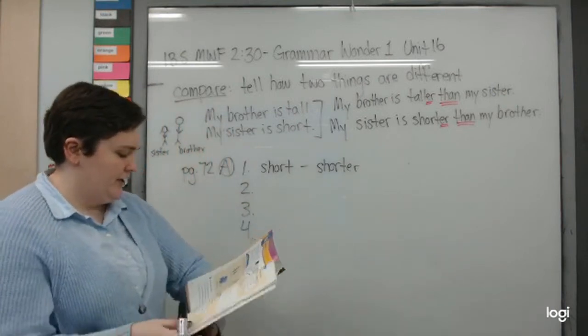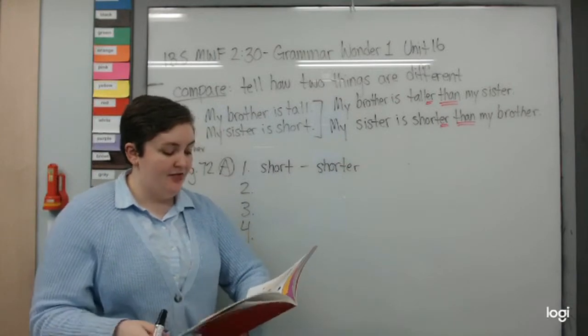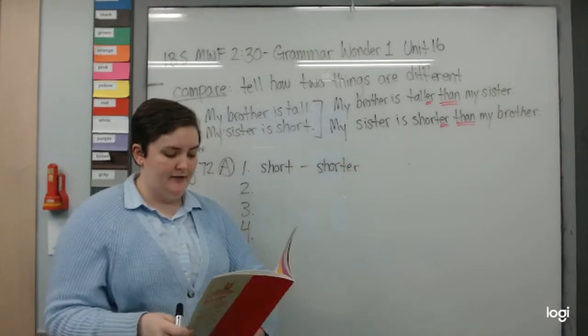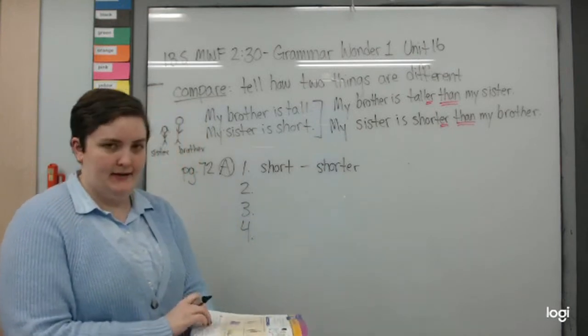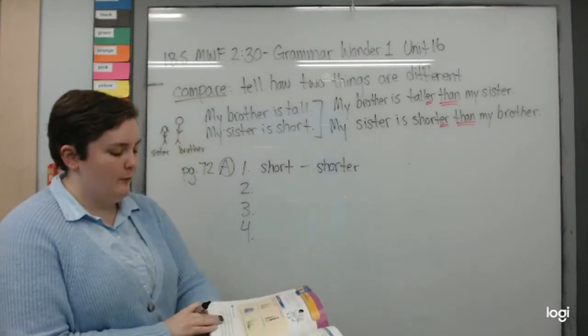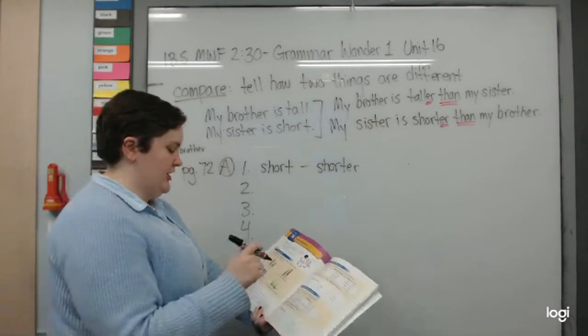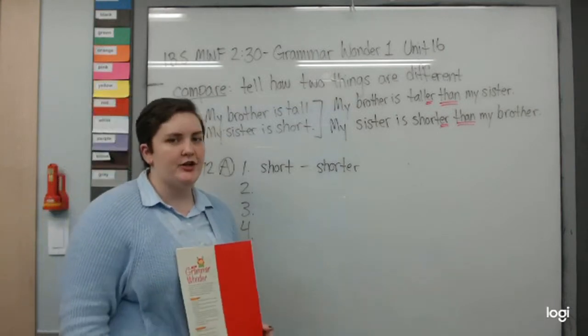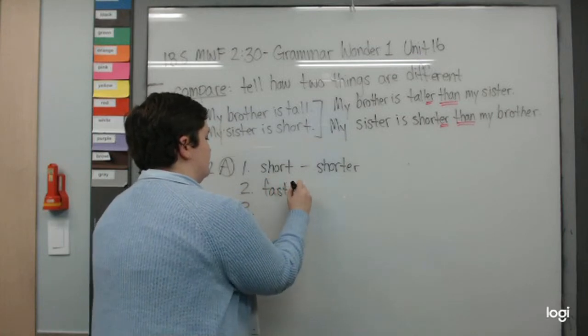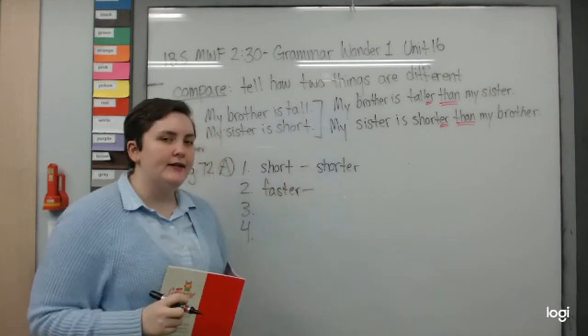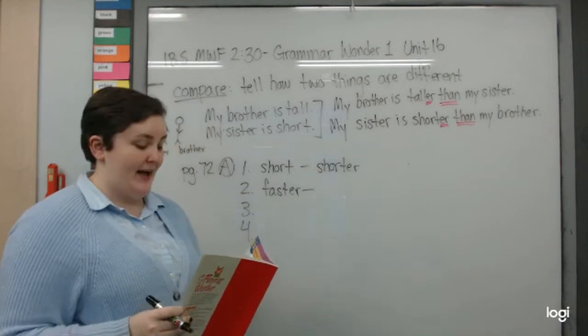Number 2, Chan is than Tony. He is really So we have than. So we don't want fast, we want faster. Chan is faster than Tony. And he is what? He is very fast.